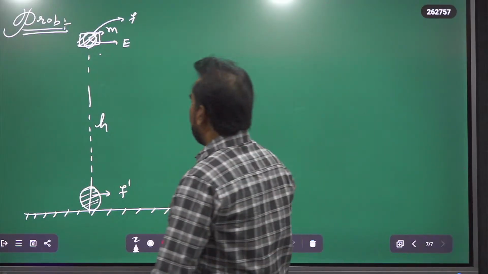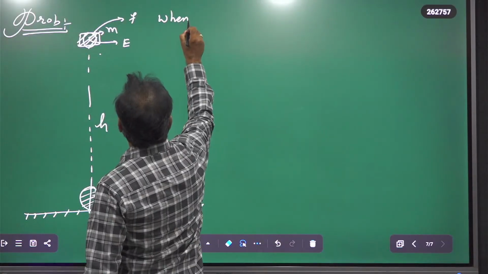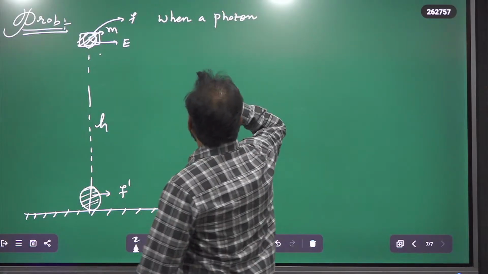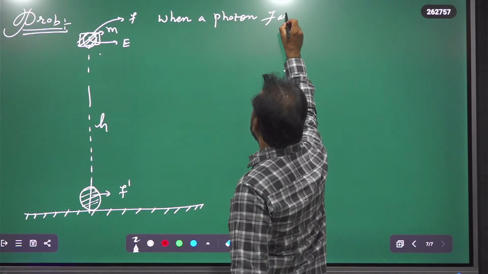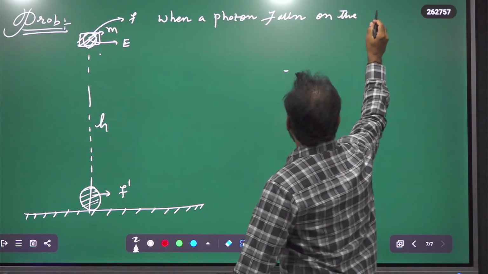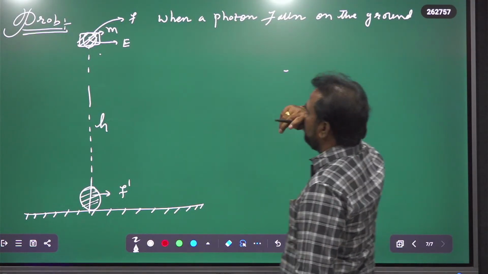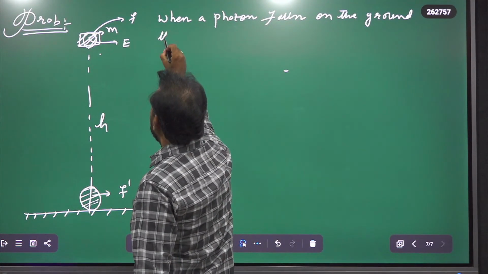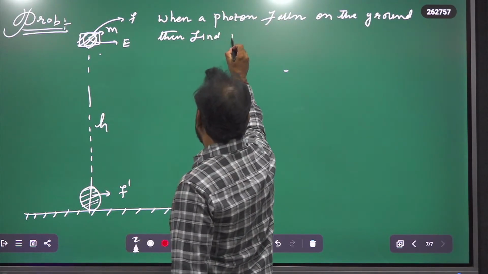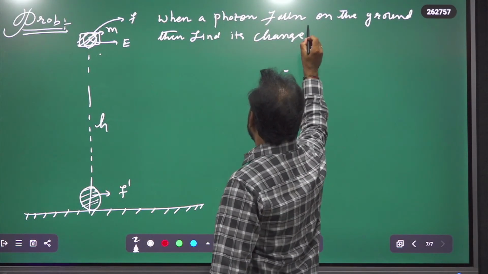Then find the change in frequency of the photon. When a photon falls on the ground, then find its change in frequency.